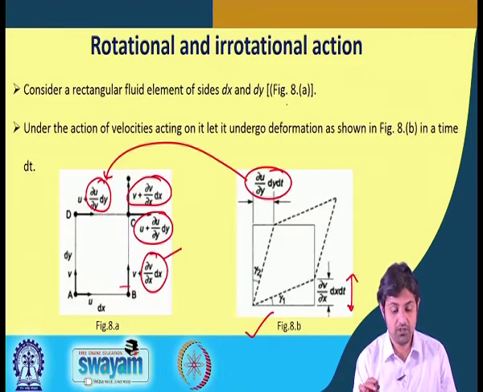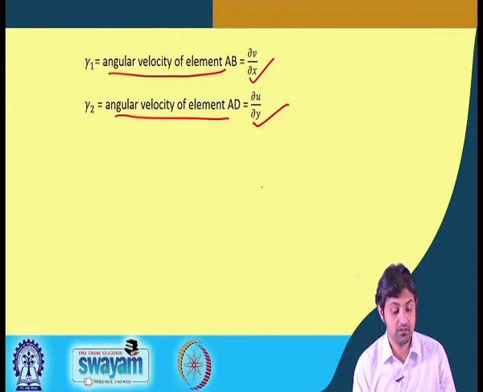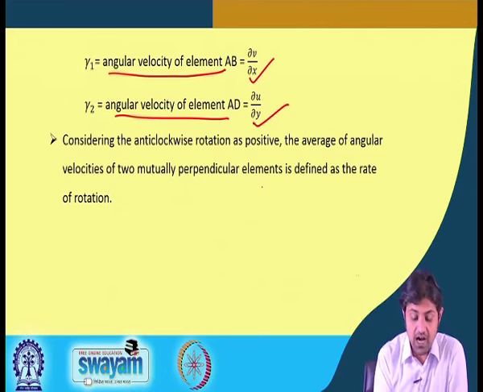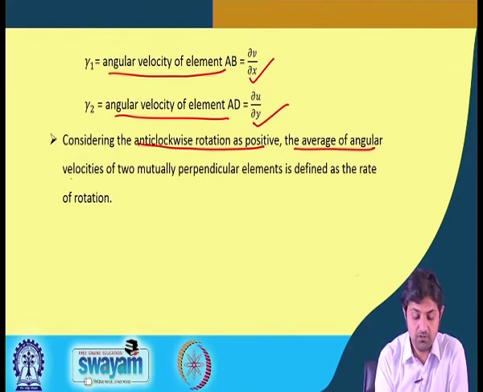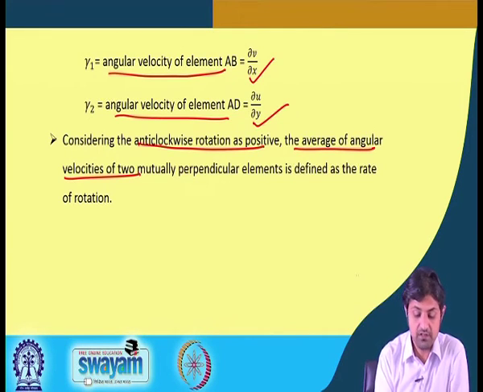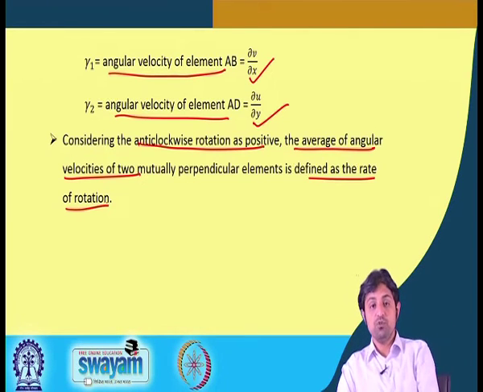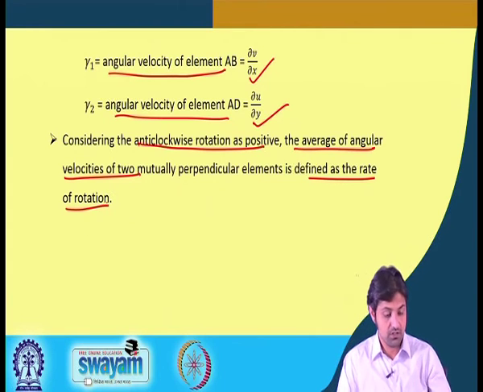We can go back to the slide here, you see del v by del x, and this is del u by del y as we have written. Considering the anti-clockwise rotation as positive, the average of the angular velocities of the two mutually perpendicular elements is defined as the rate of rotation. So, this example we took to tell you what actually is the rate of rotation.